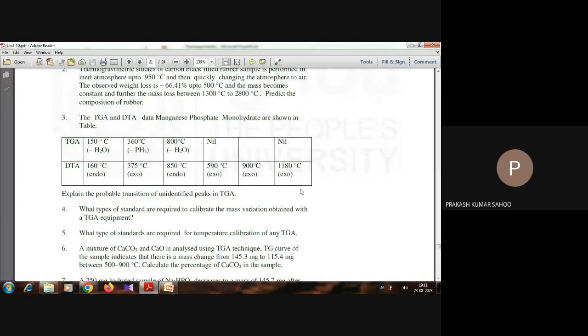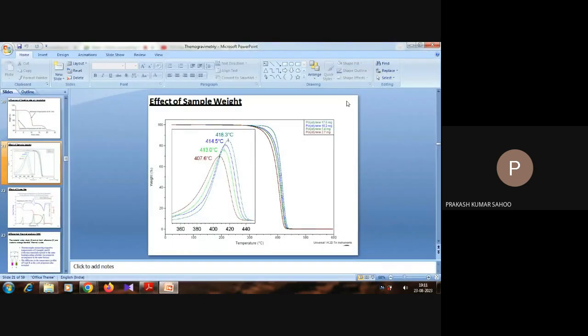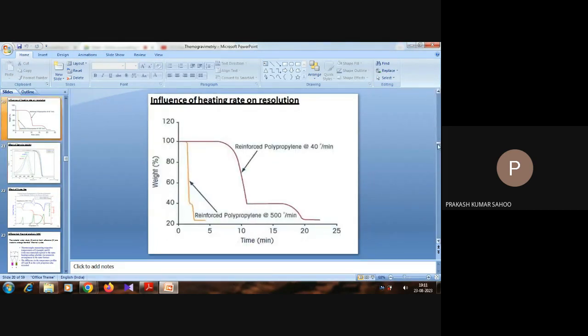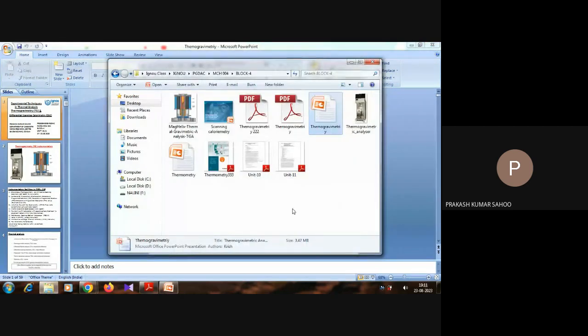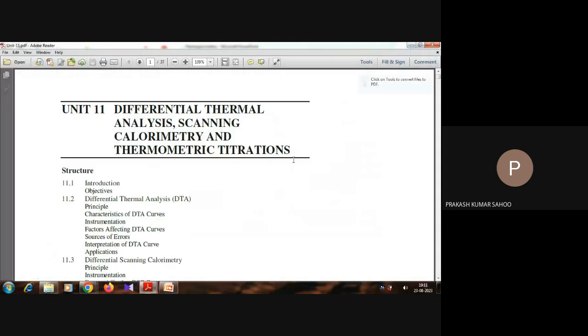It is application of polarography, amperometric titration with voltammetry, as well as the second part, that is your thermogravimetric analysis. Today we have covered up to unit 10, and tomorrow we will have unit 11, that is differential TGA, scanning calorimetry and thermometric titration.